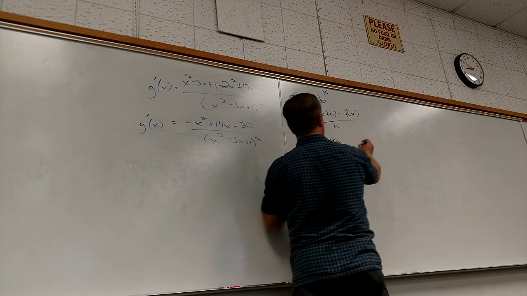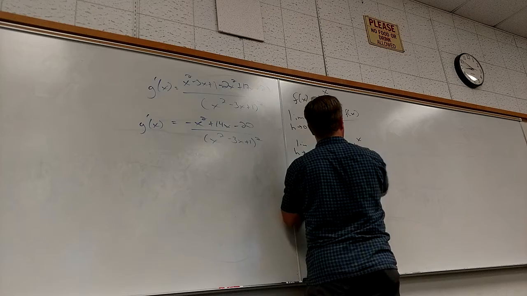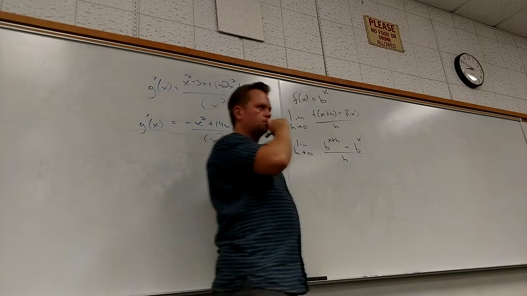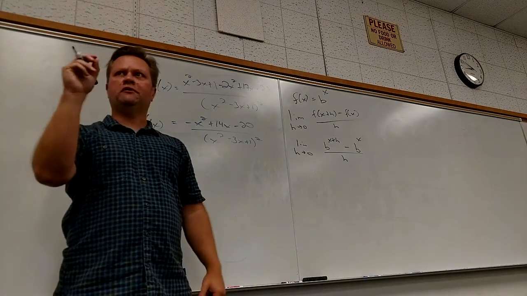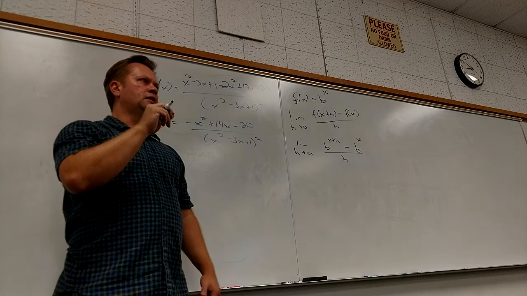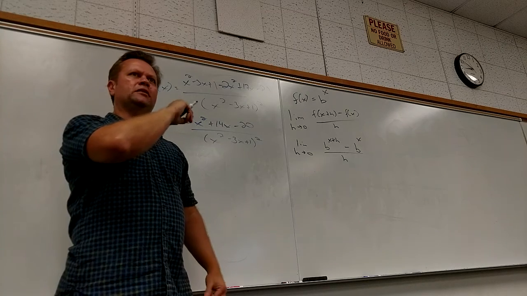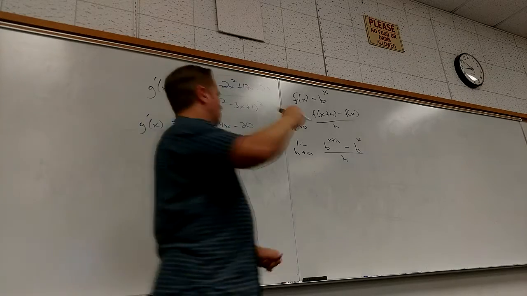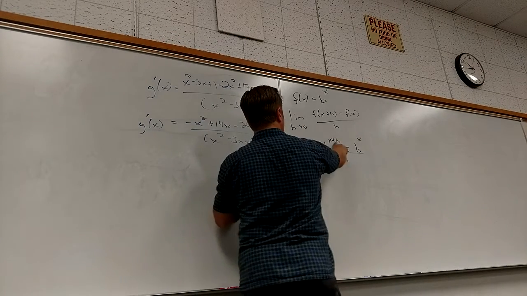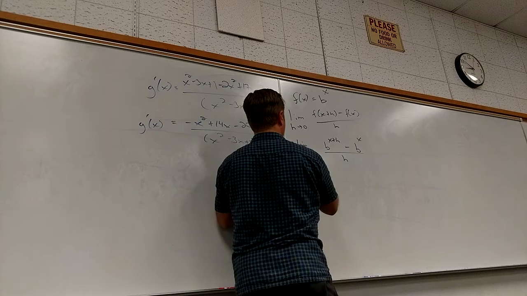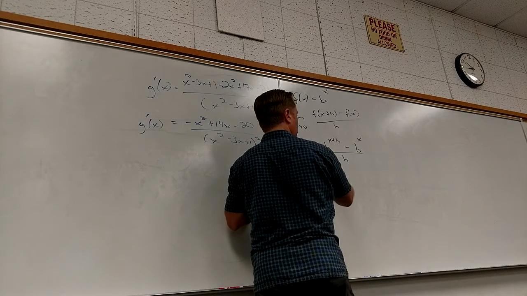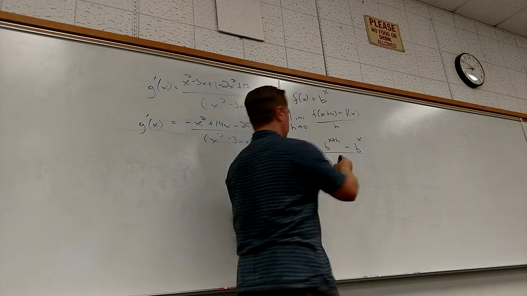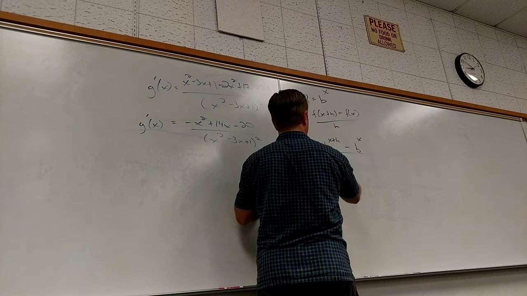Now, for some reason, everybody forgets rules of exponents on something like this. I can rewrite b to the x plus h in a much more useful form. Since I'm adding the exponents, what must I have been doing to the bases? When do you add exponents? When you multiply. So this is b to the x times b to the h.